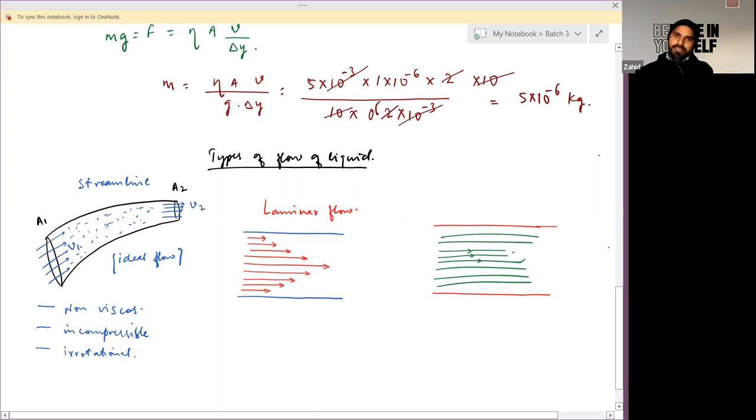So it may get spiral at this point since there is no matter at this point. Similarly, this may get spiral, and so on. So this spiraling behavior of fluid is called eddy formation. And the flow of liquid in which there is formation of eddies is called turbulent flow.